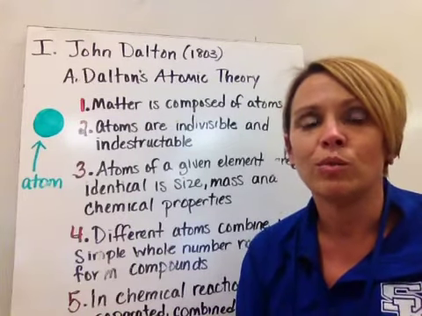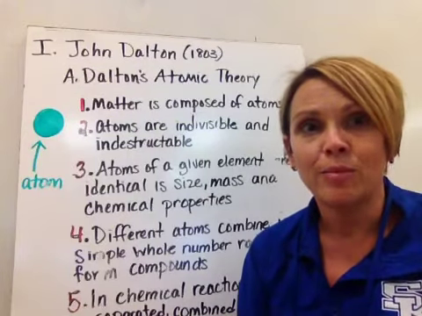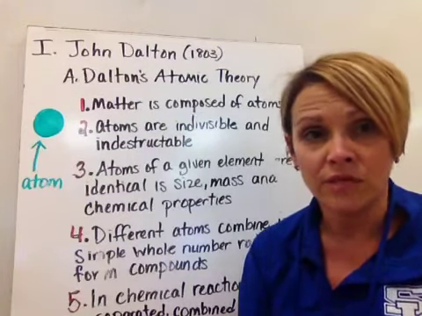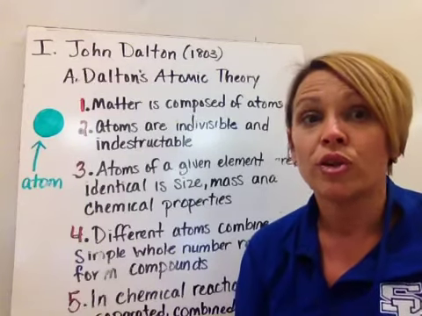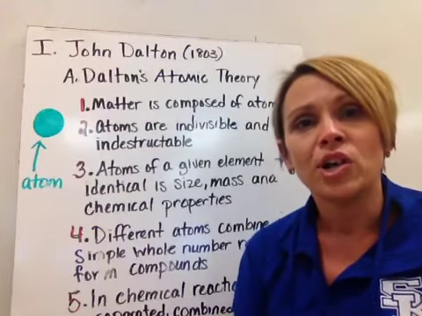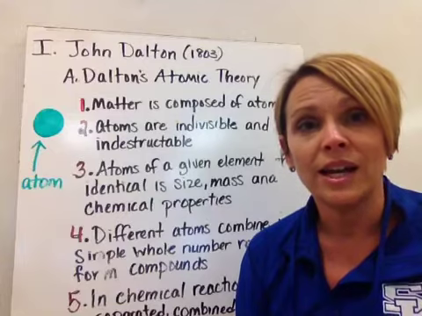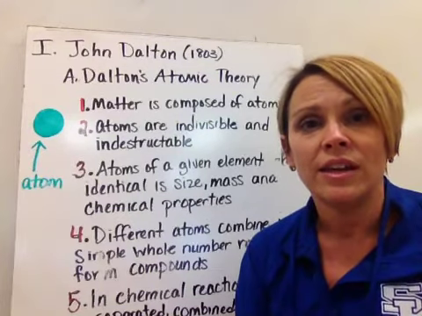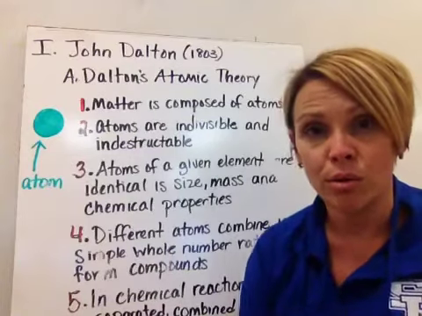He actually worked with many other scientists and built upon the ideas that had been discussed among philosophers such as Democritus and Aristotle for a long, long time. But John Dalton was able to develop a theory about atoms, and he published that in Dalton's Atomic Theory, and you can see up here that that was in 1803.